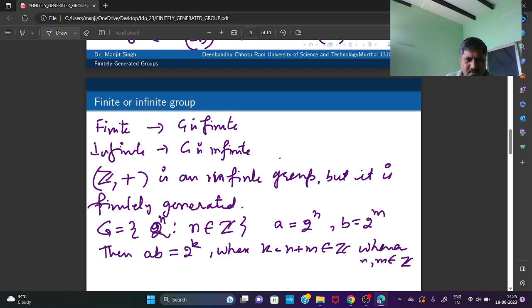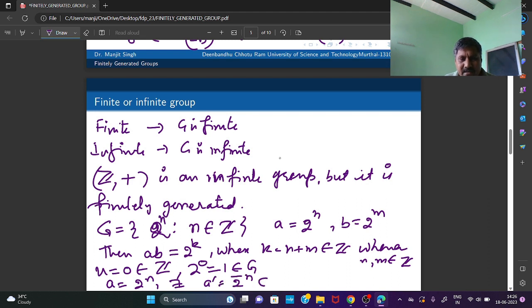So there is a closure property, and we know that 0 belongs to Z, and 2 raised to 0, which is 1, belongs to G and acts as the identity element. If you have 2 raised to power n, then there exists an inverse 2 raised to power minus n in G, such that their product is 1.